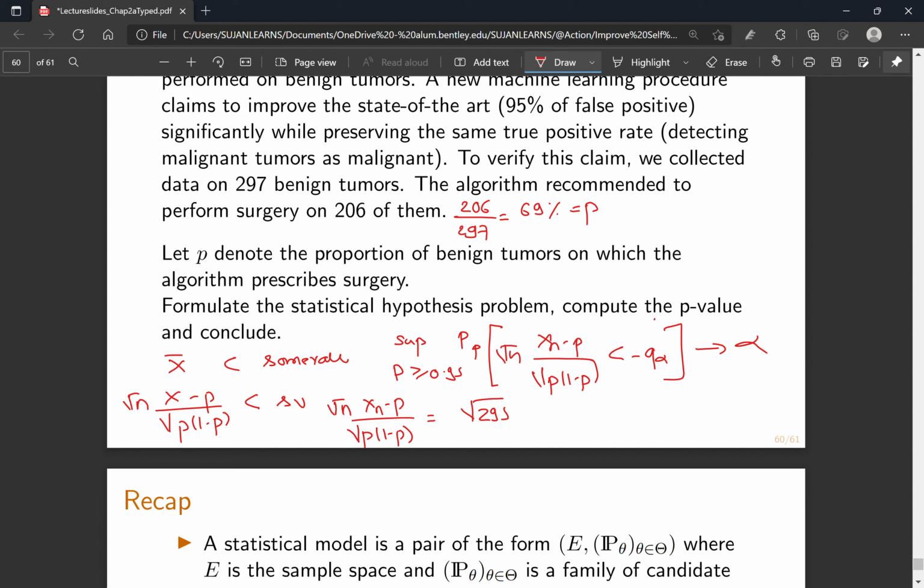And xn here is 95%, 0.95, and p is 0.69, 1 minus 0.69.